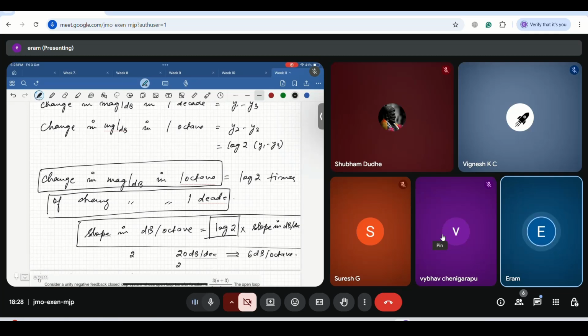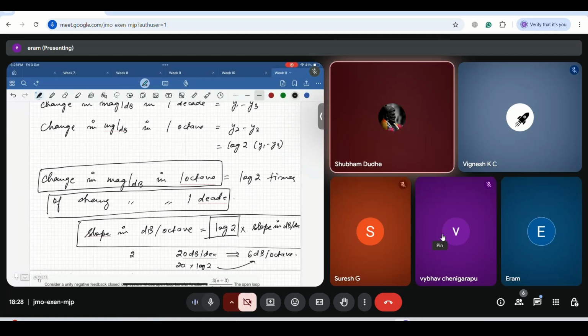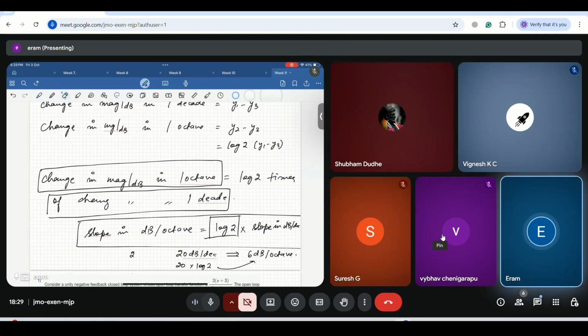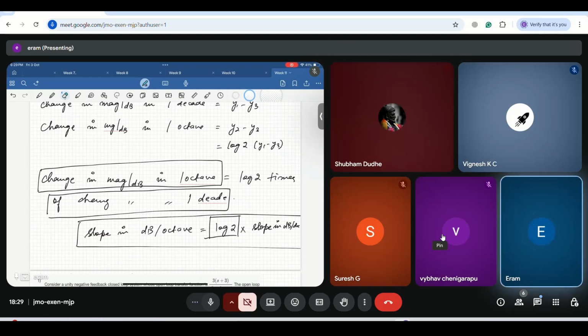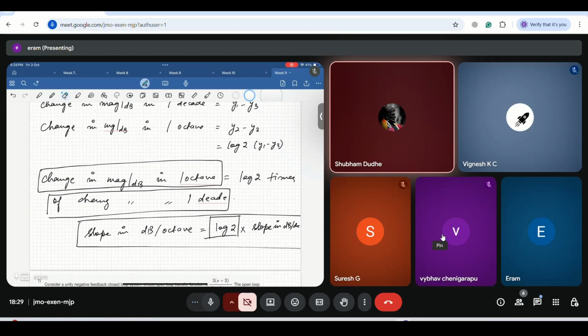So you multiply 20 dB with log 2. You will exactly get 6 dB per octave. Okay. Yes, now clear. Now is it clear? Yes. Okay. So just use a factor of log 2 to convert dB per decade to dB per octave. Yes, ma'am. Okay.